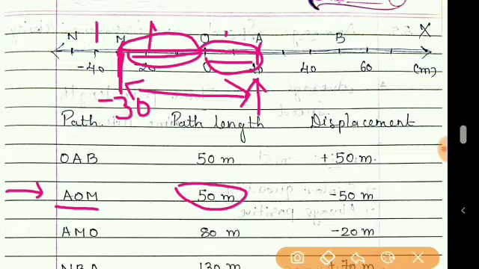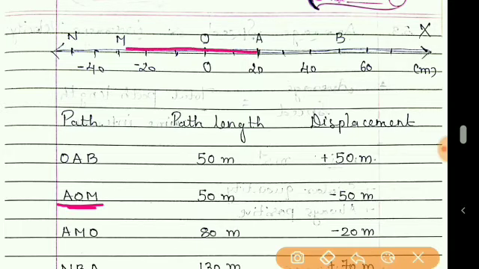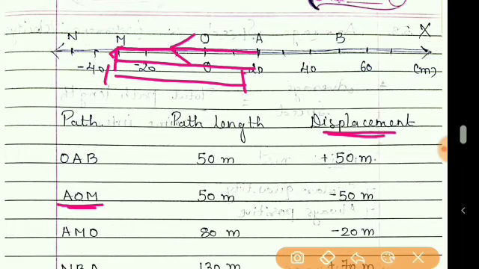Now let us see what is displacement in this case. So from A to M, the particle is moving in this direction. How much did it move in this direction? Again, the distance is 50 only, but here we have to consider displacement.